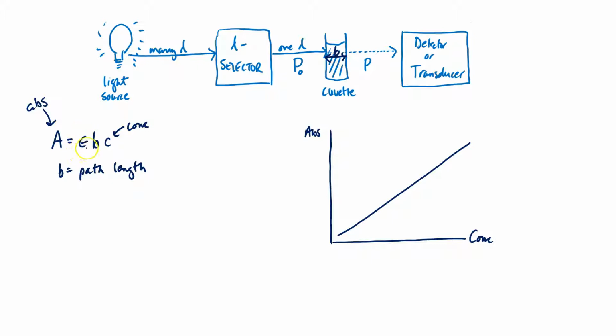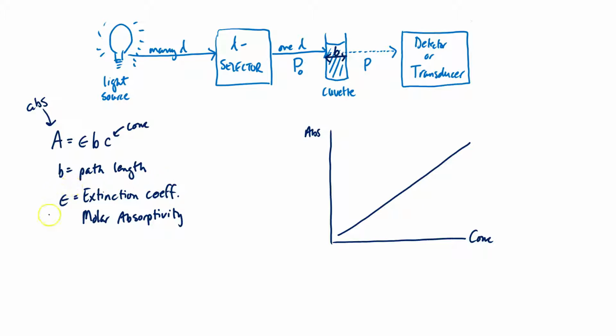And that leaves epsilon. In the old days, epsilon was called the extinction coefficient, but more commonly these days, it's called the molar absorptivity.